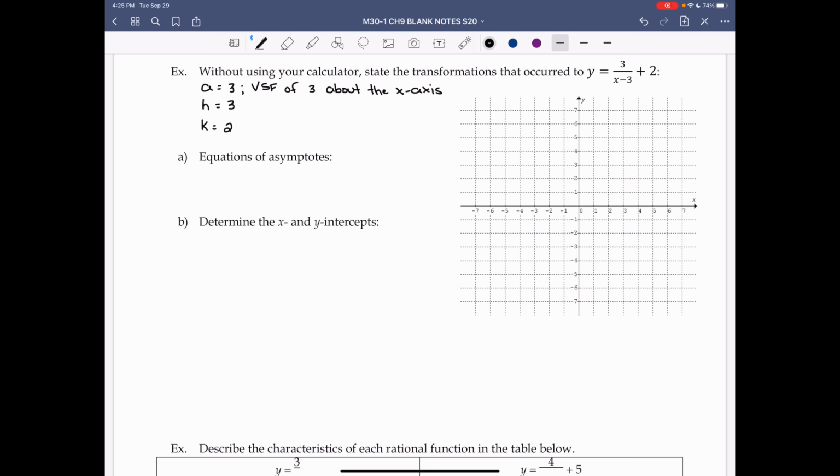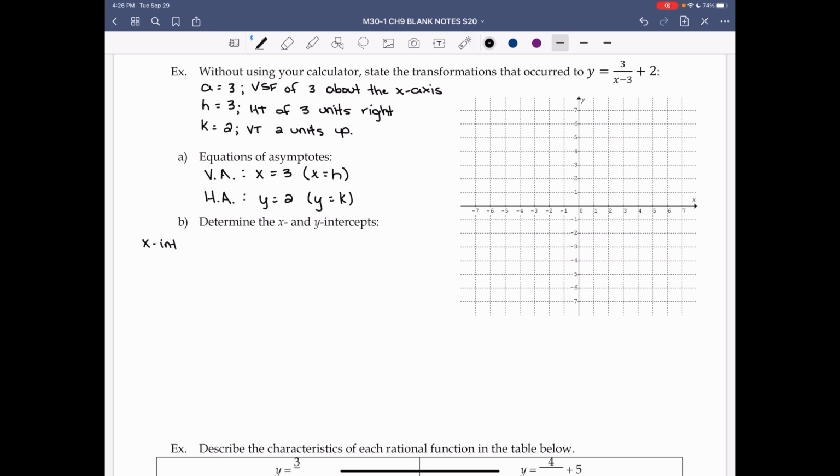Determine the x and y intercepts. For the x-intercept, y is equal to 0. So in the x-intercept, sub y equals 0 in. We get 0 equals 3 over x minus 3 plus 2. Subtract 2 from both sides. Negative 2 equals 3 over x minus 3.